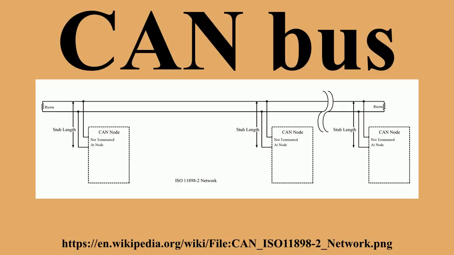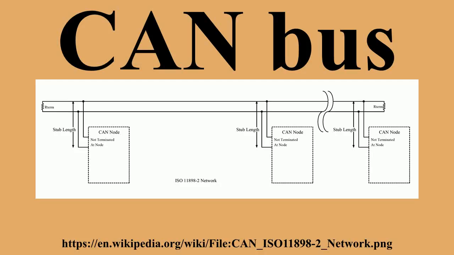Base frame format. The frame format is as follows. The bit values are described for CAN-low signal. Extended frame format. The frame format is as follows. The two identifier fields combine to form a 29-bit identifier.